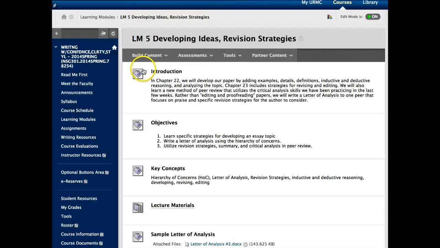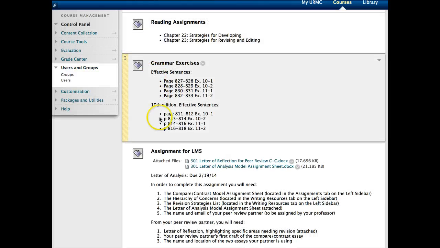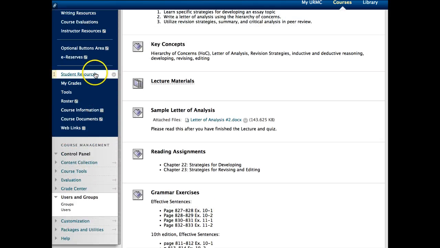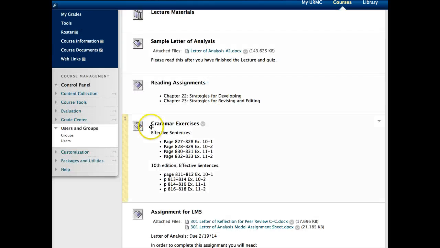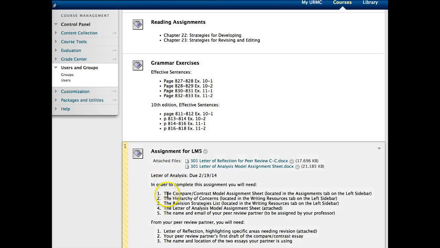Now if we go back to the learning module, at the bottom you already know the hierarchy of concerns, the revision strategies list, and the letter of analysis model assignment sheet is all in the Writing Resources tab, and you will also see the letter of reflection, and the letter of analysis model assignment sheet is also here too.